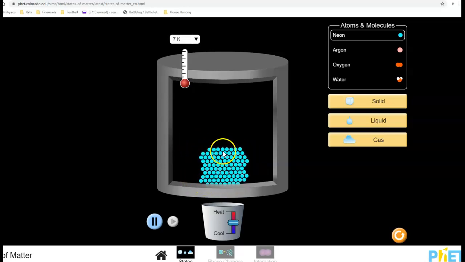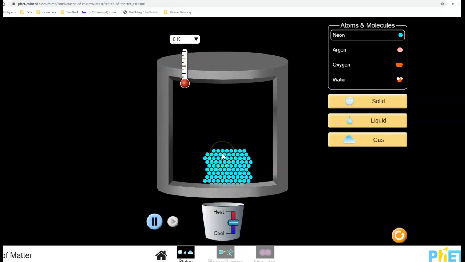Ignore that. Look at the motion of the individual little atoms in there. Now I'm going to cool them down again. Watch how the motion of the individual atoms changes. And then we're back at 0 Kelvin.